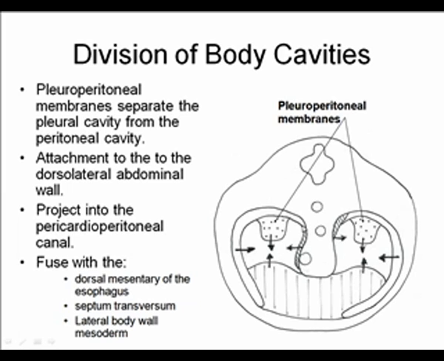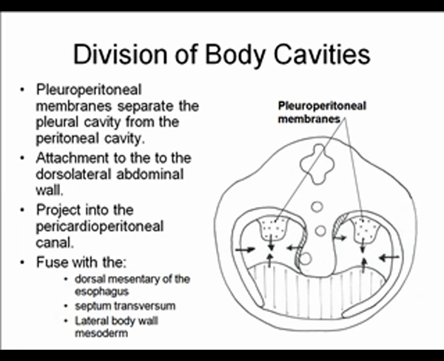But the lungs are in the pleural cavities, and they're going to be separated from the peritoneal cavity by the pleural peritoneal membranes and three other contributions, which all four structures are going to contribute to the diaphragm.